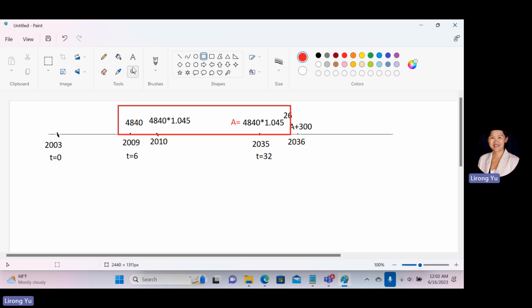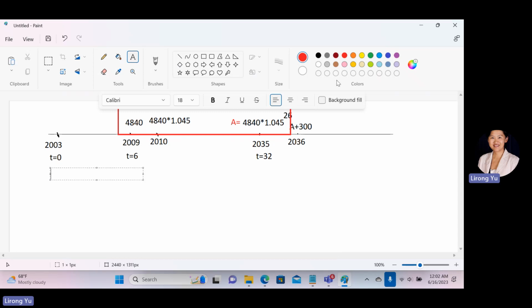All right, the total value, if you find its value at t equal to 6, this is the time value at t equal to 6. If you want to find the present value, you have to discount it to t equal to 0. But right now, let's try to apply the formula.